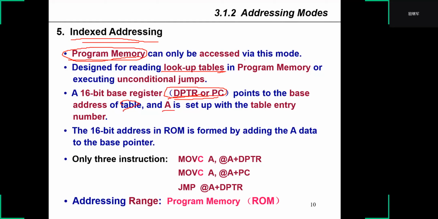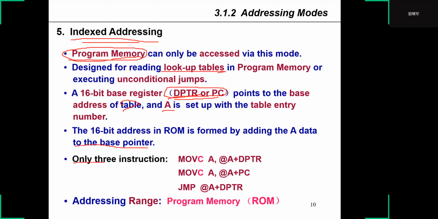If A is 0, we just jump to the first place of the table. If A is 1, we jump to the second place of the table. The 16-bit address in ROM is formed by adding the A data to the base pointer.